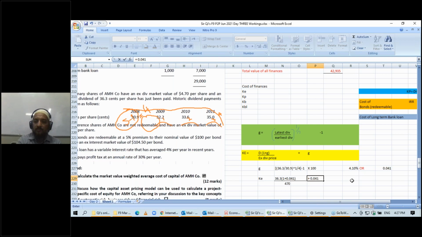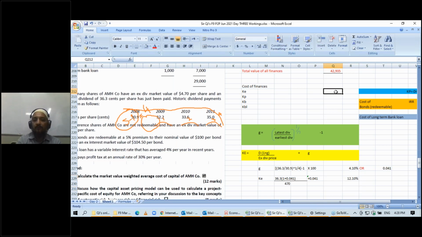Now this gives me the cost of capital, which is 12.1% approximately. So this gives me 12.1%.